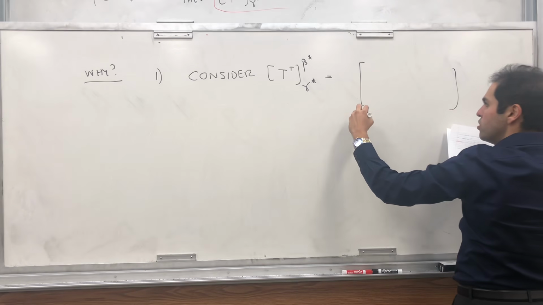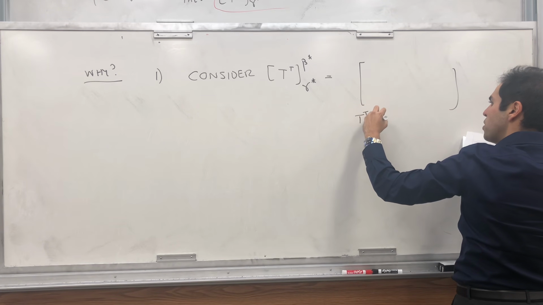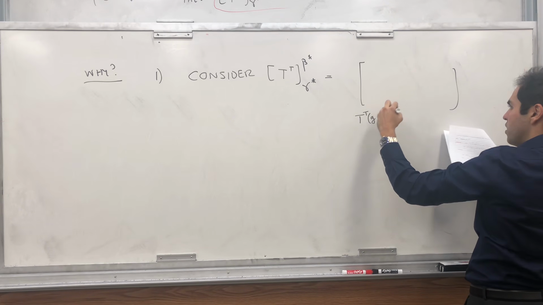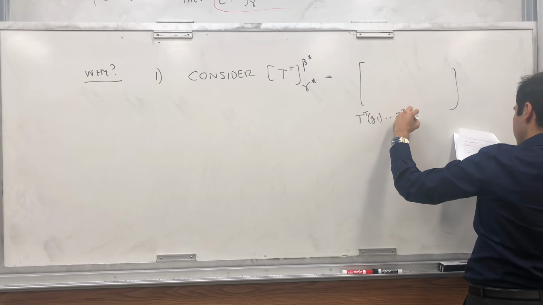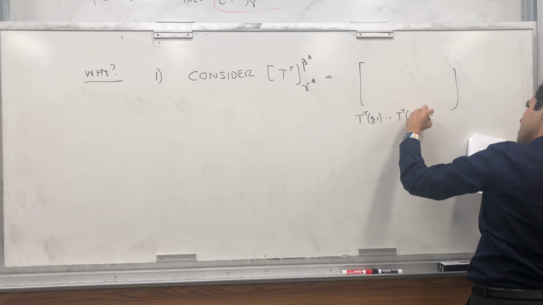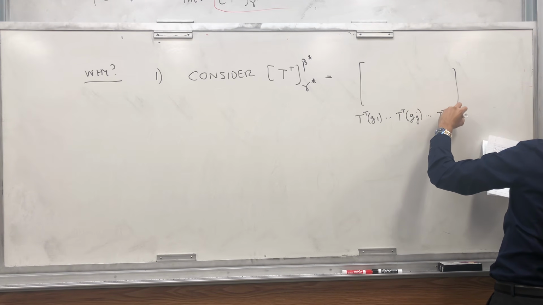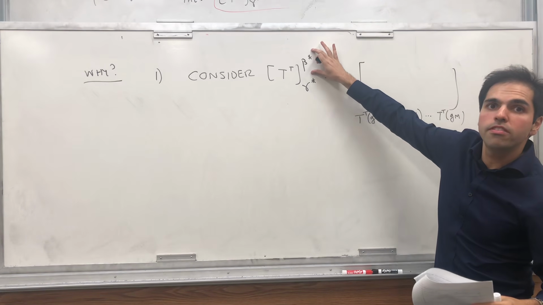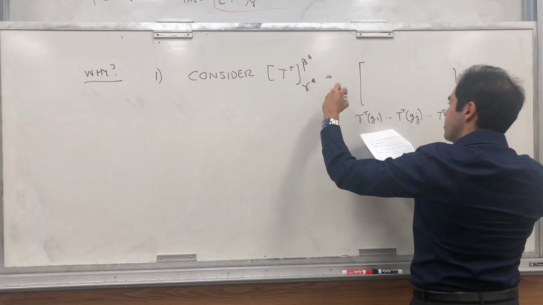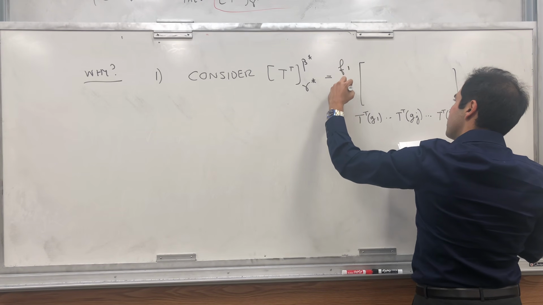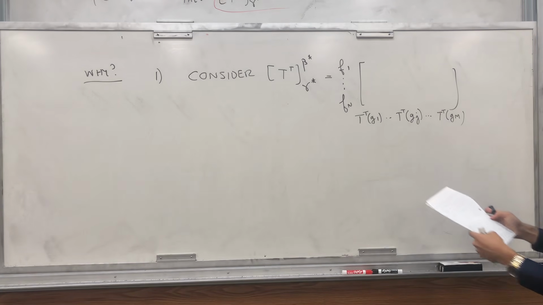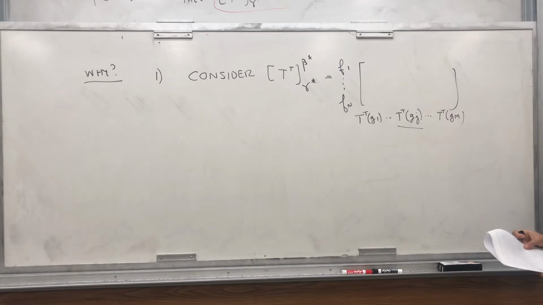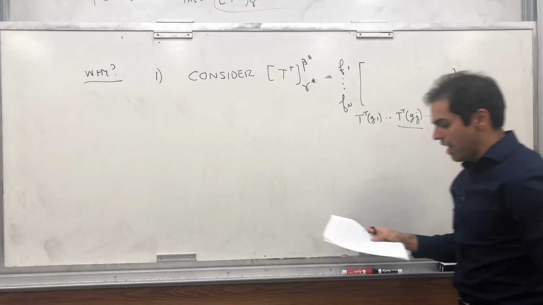So you have to calculate T transpose at the vectors in gamma star, which is T transpose of G1, dot dot dot, T transpose of Gj, up to T transpose of Gm, and you express it in terms of the vectors in beta star, which is just F1 up to Fn. So again, the goal is you calculate T transpose of Gj and write this in terms of F1 up to Fn.